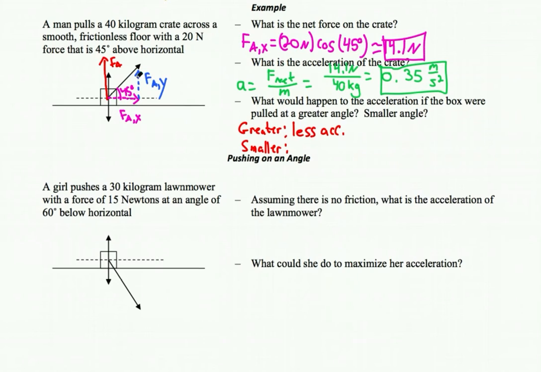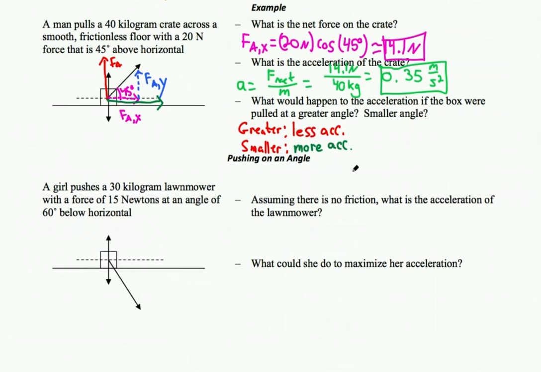At a smaller angle, if I have my applied force going the complete horizontal direction, then I've got all of it going in the x direction. It's all just an x component. So that increases our acceleration, right? As I bring this arrow down lower and lower, my x component gets bigger and bigger until it makes up my entire applied force. So then we have more acceleration in that situation.